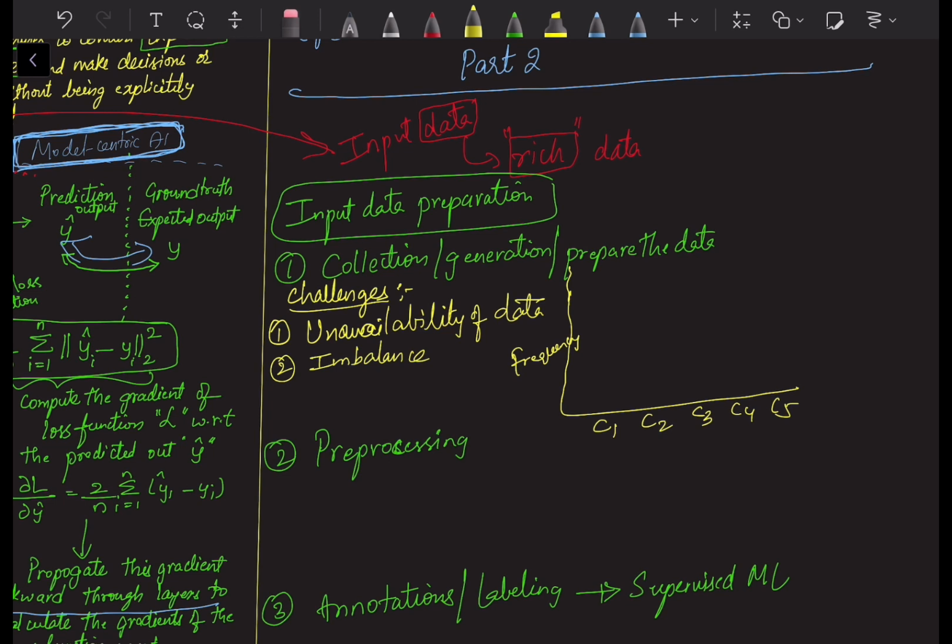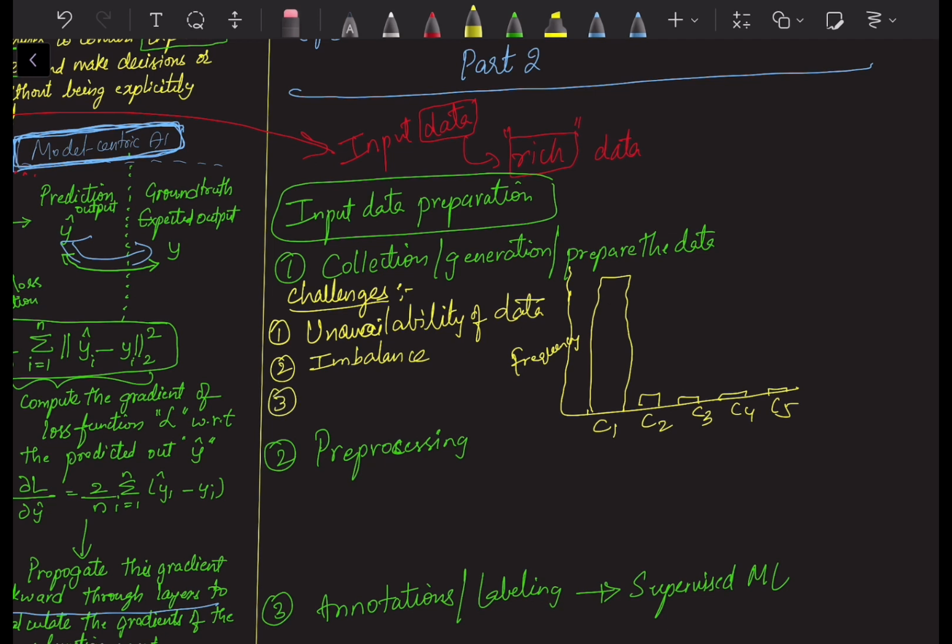In some cases, you may get one class to be highly dominant, with more samples, but for other classes we may get very few samples. You can't train a machine learning model using such imbalanced data, which leads to overfitting and biased models, which you don't want. So this is another challenge.